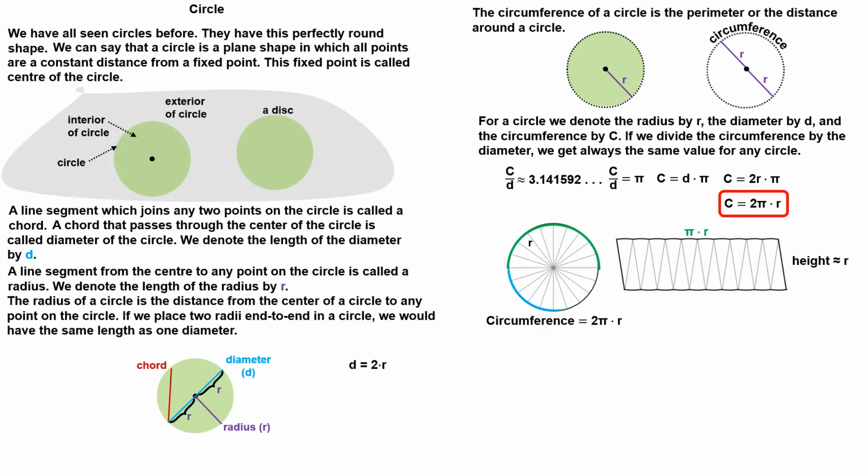This is half the circumference of the circle. The bottom length is made up from all the parts of circumference in blue color in a similar way. So the area of the circle is approximately the area of the rectangle.